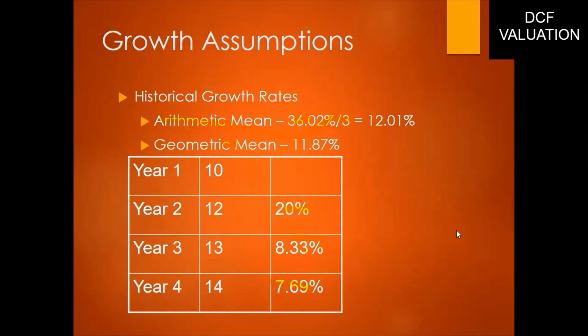If you use the GeoMean formula in Excel, or you compute it on your own, you should get a historical growth rate based on the geometric mean of 11.87%. In this example, the arithmetic mean and the geometric mean are not that different, 12 and 11.87%. So probably you can use a 12% historical growth rate for this example.